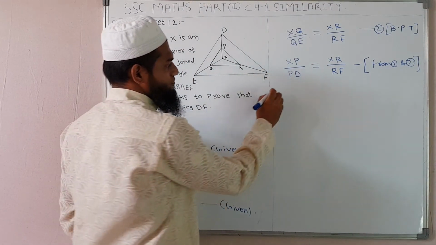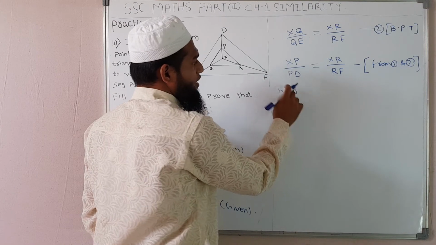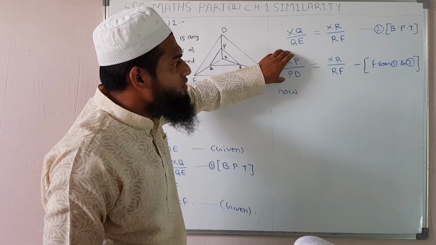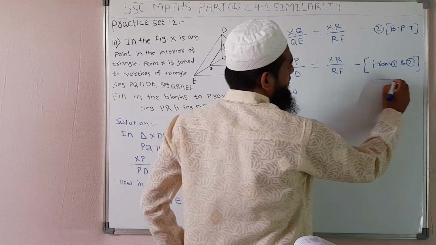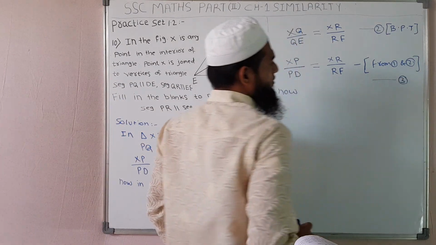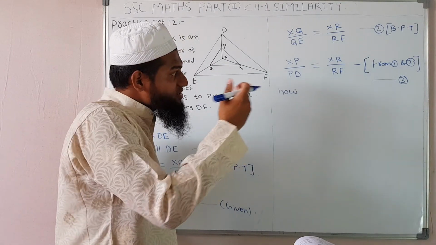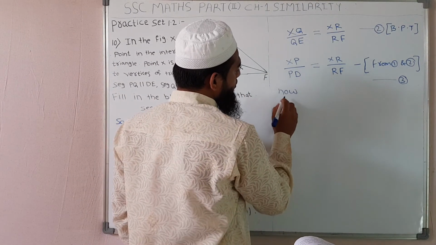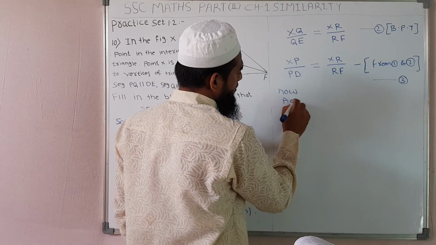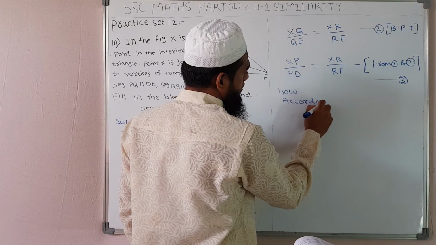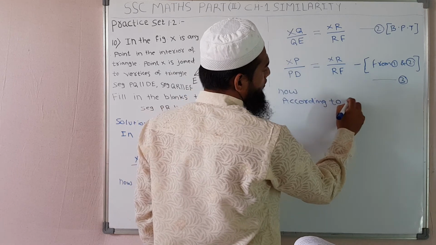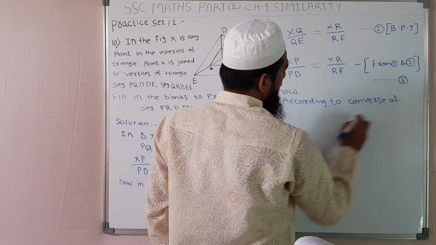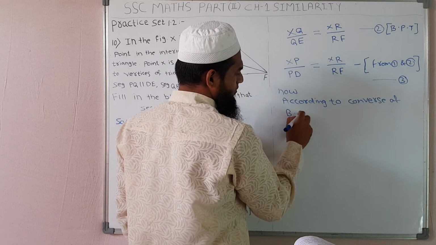Now, if we give this as equation number 3, then according to equation number 3, what can we write? According to the converse of the basic proportionality theorem.